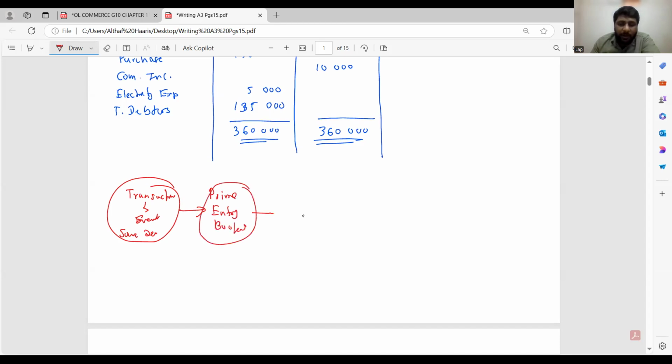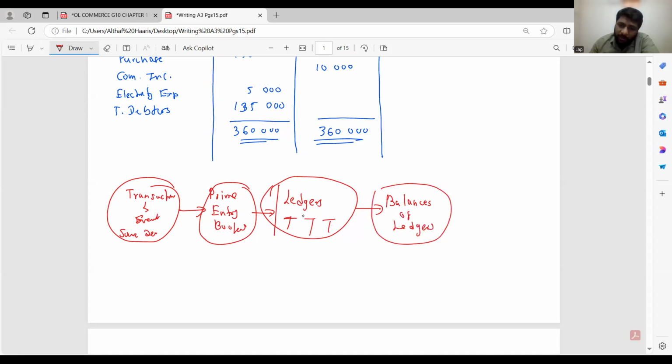Once we record it in the primary books, we will record it in the ledgers, the T accounts. From the balances of the ledgers, we will prepare this trial balance.